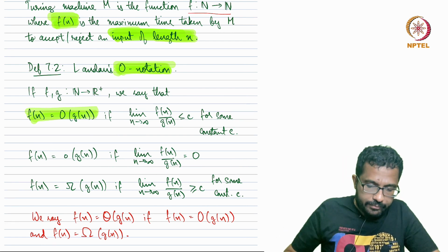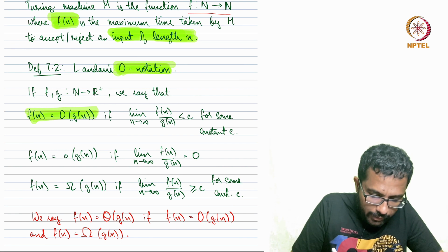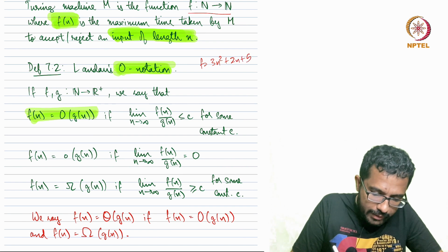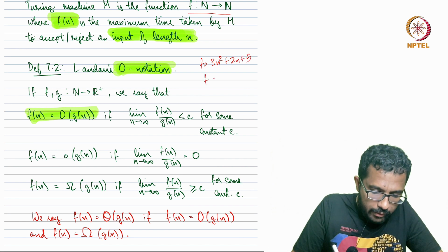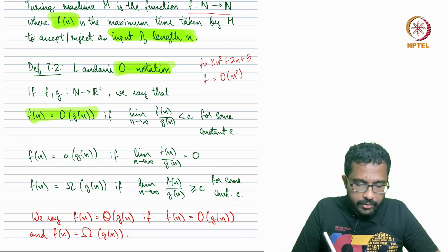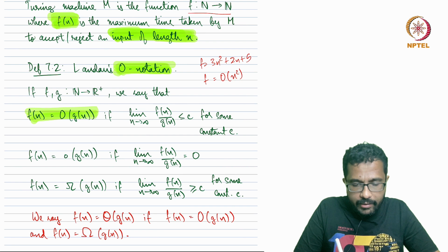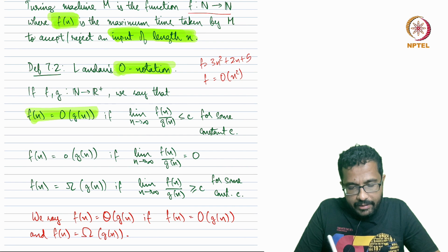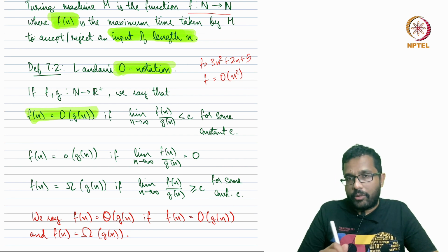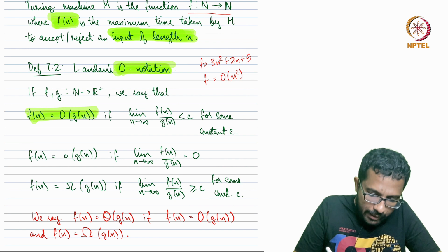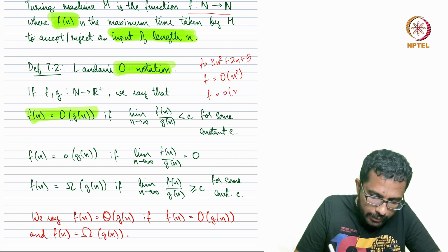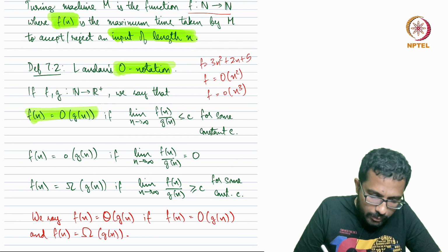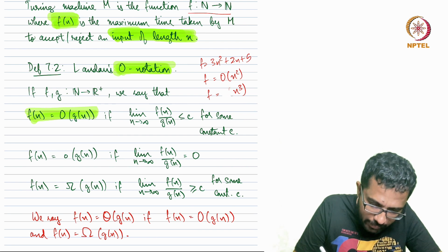So for instance, if f is 3n squared plus 2n plus 5, then we say that f is O of n squared, because if you divide f by n squared, you get a constant, at most 3, or at most 3.5 if you want to be more comfortable, as n tends to infinity. But f is also little o of n cubed.